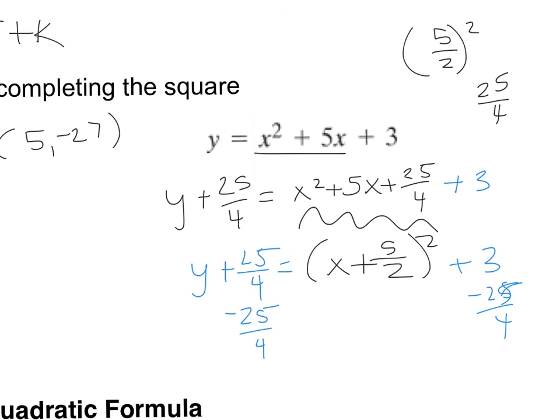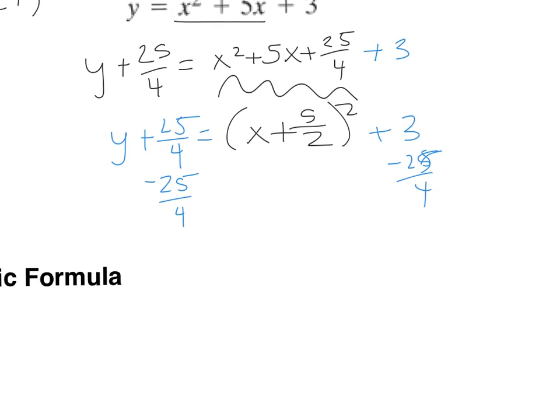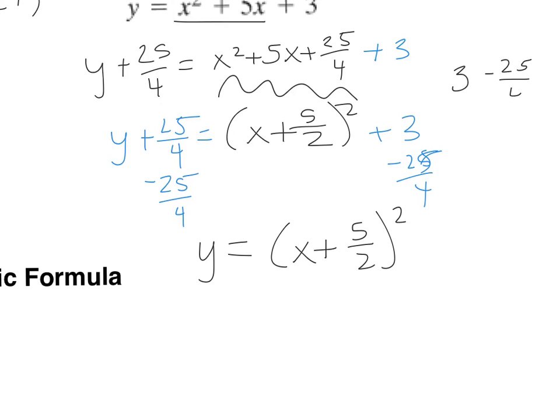So then down here you have y equals x plus 5 halves squared and 3 minus 25 fourths. So let's get a common denominator, and instead of writing 3, I'm going to write 12 fourths. So 12 fourths minus 25 fourths is negative 13 fourths. So my vertex would be at negative 5 halves, negative 13 fourths.